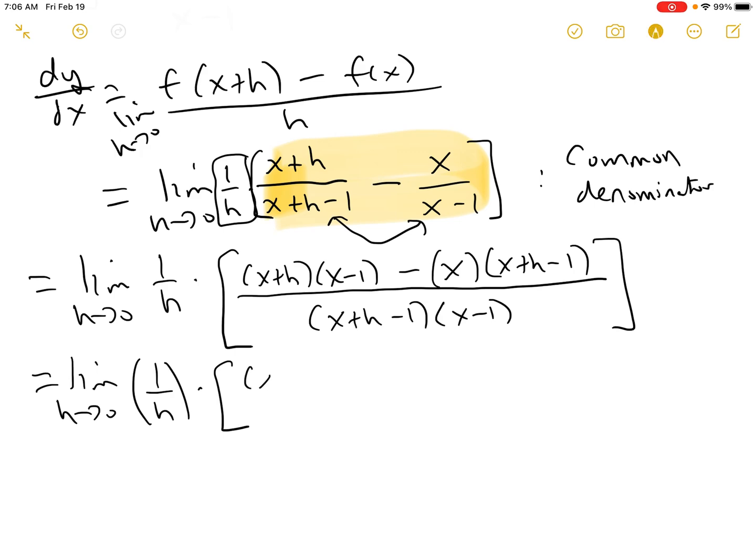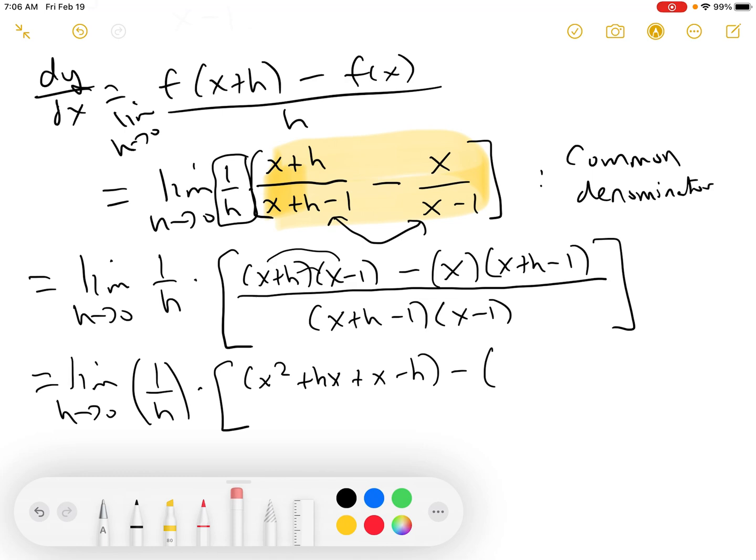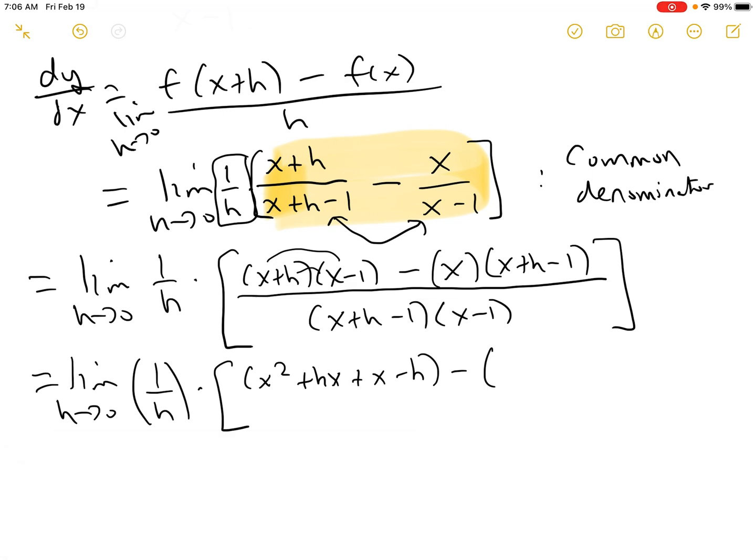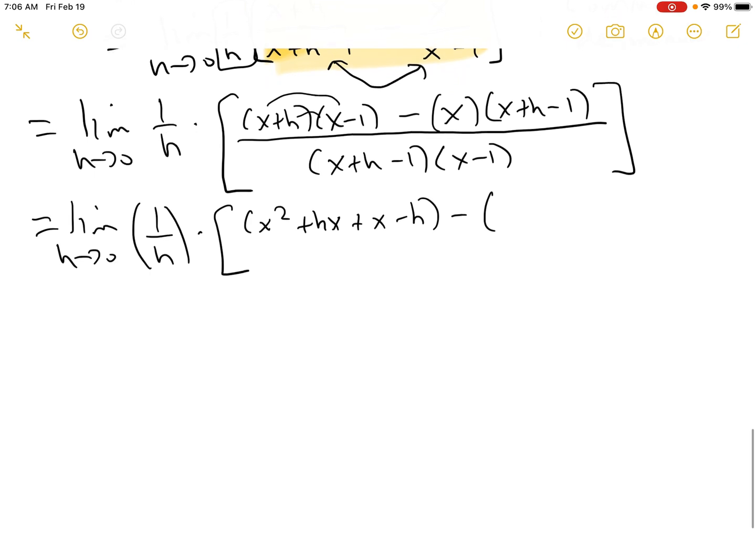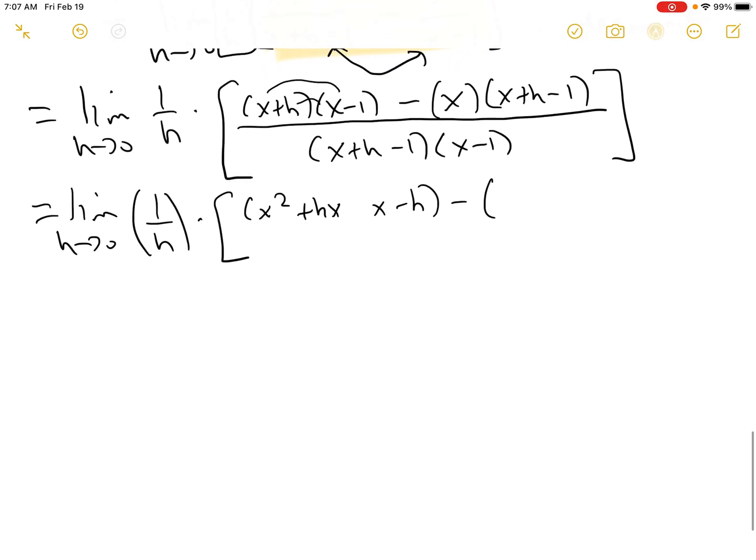So this first term is x squared plus hx plus x minus h, minus, I'm sure I did that right, x squared hx minus x, right? That should be a minus.